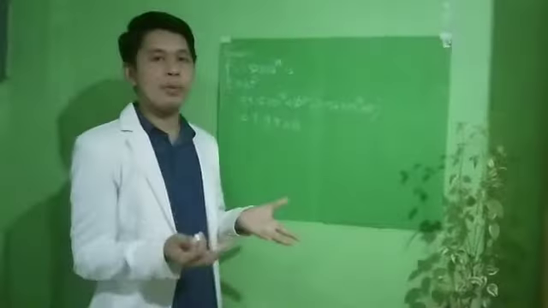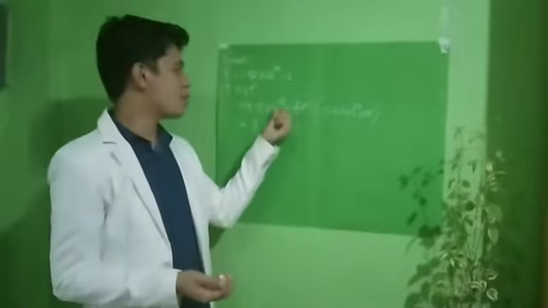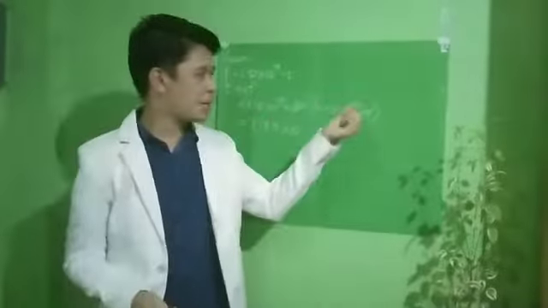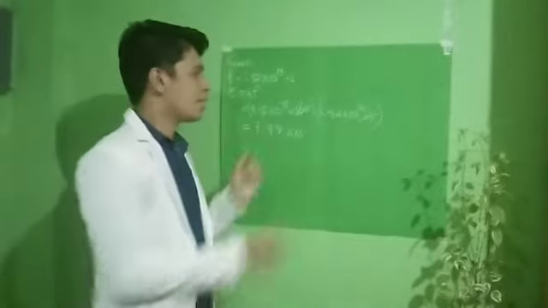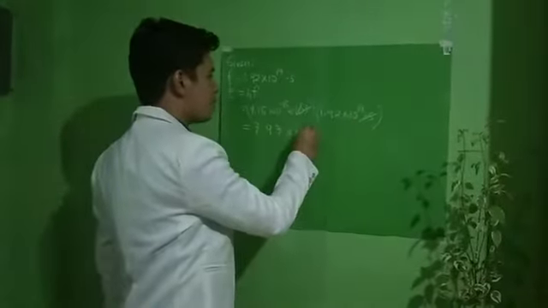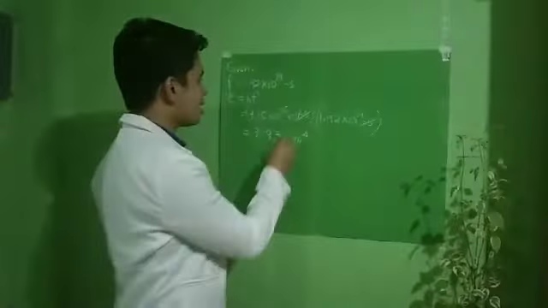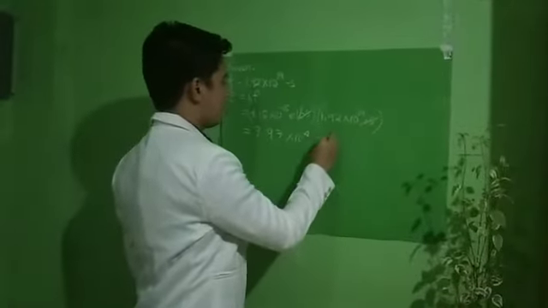We combine all the exponents: negative 15 plus positive 19 is positive 4. Our unit is electron volt.